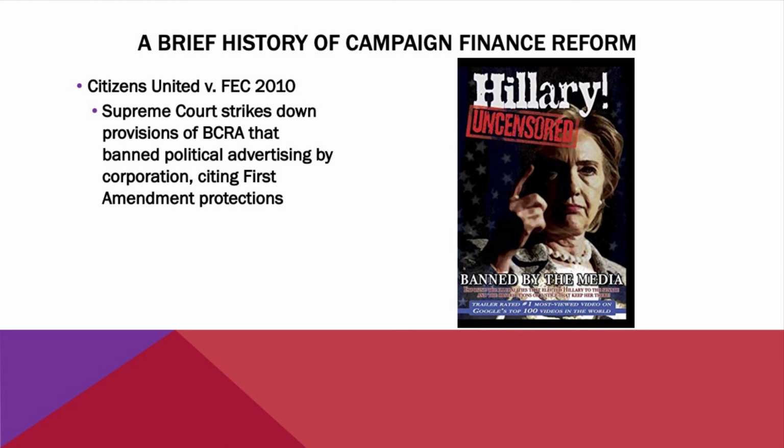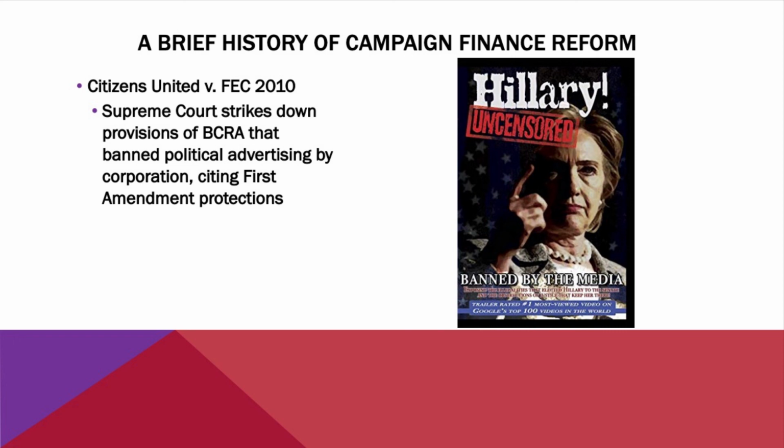The BCRA aimed at limiting issue advocacy ads sponsored by groups like 527 organizations unaffiliated with a particular candidate, again more on this next week, from flooding media markets within 30 days of a primary election or 60 days of a general election. It further prohibited corporations from using Treasury funds to sponsor these types of communications.